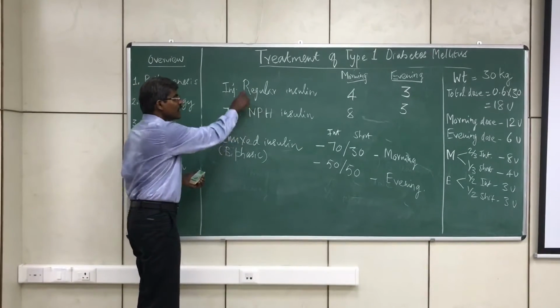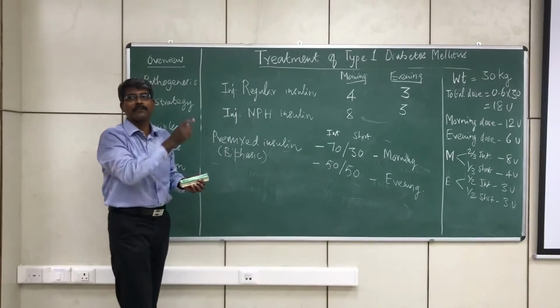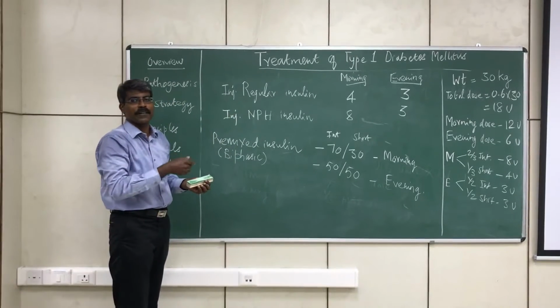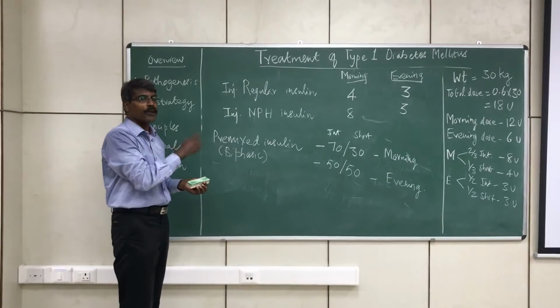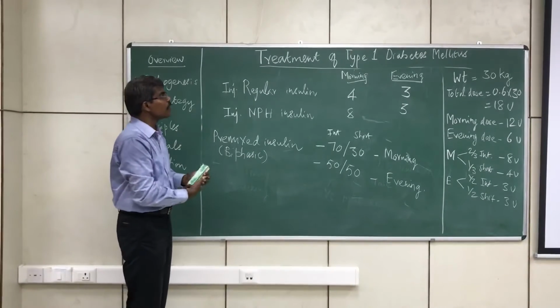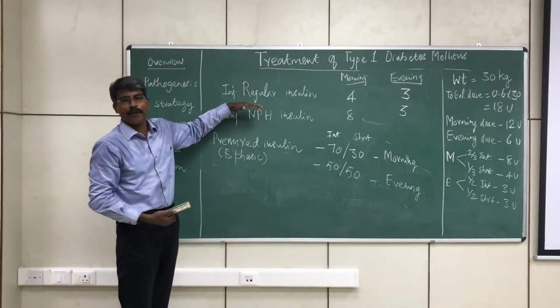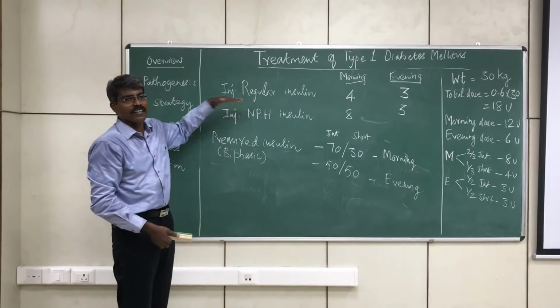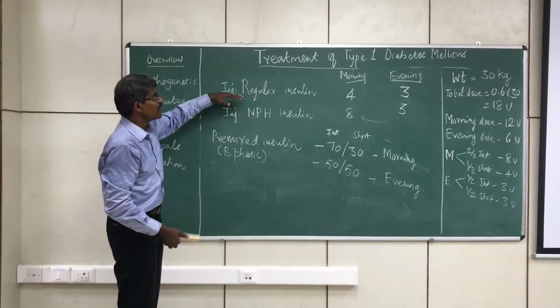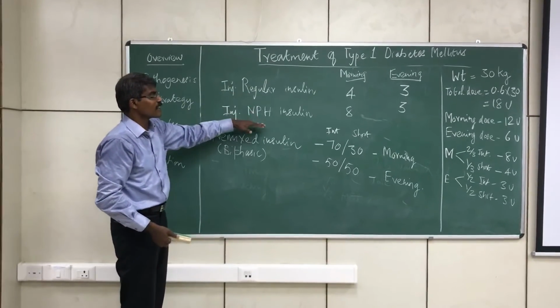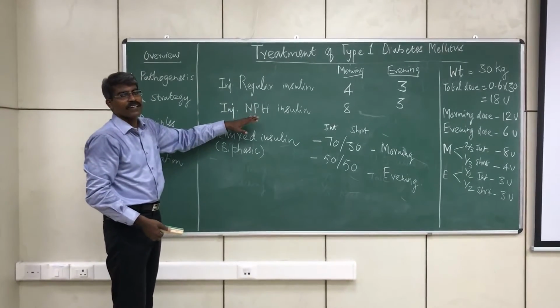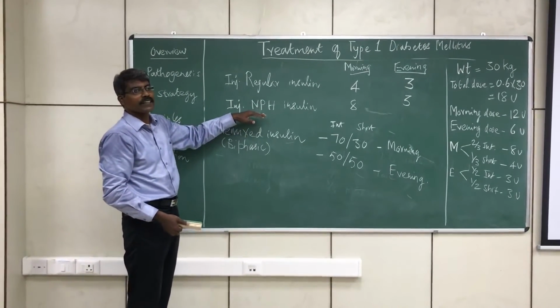If we do it the other way, the regular insulin might become contaminated with the NPH, and in the long run it will not be regular. Regular insulin needs to be pure because in case of emergency, it should act immediately. That's why it should not be contaminated, whereas NPH can be taken after regular insulin.